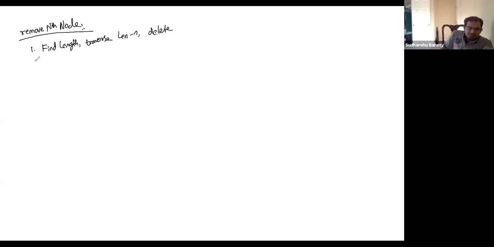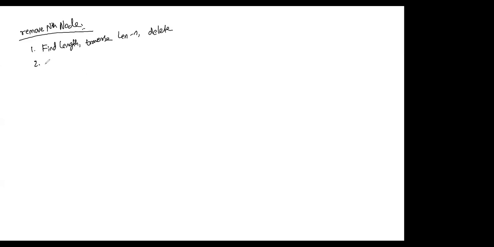Any other solution? So we could use two pointers, one a fast pointer and the other a slow pointer. We take a loop from 0 to n, where n will be an input, and we increase the fast pointer to the nth element, so that the slow pointer will be n elements behind the fast pointer.